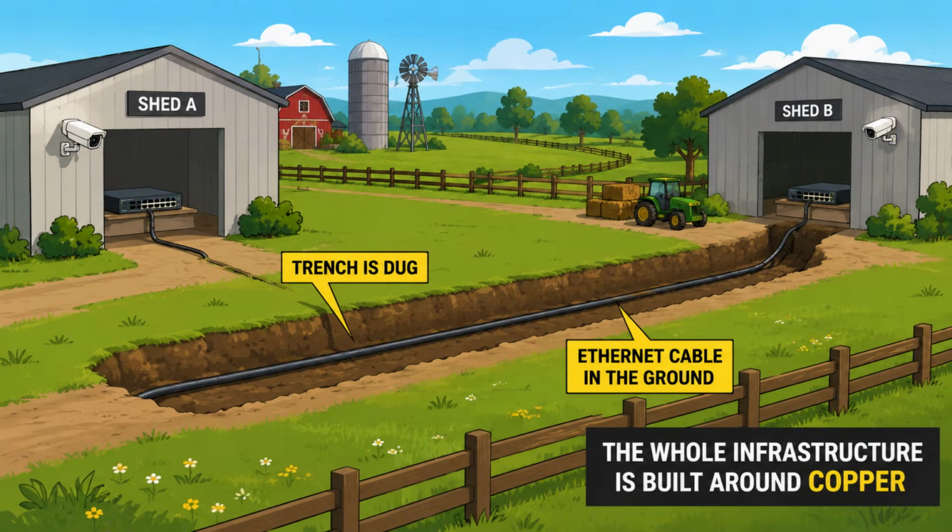But the thing is, our client already buried the Ethernet cable between his sheds. The trench is dug, the cable is in the ground, and the whole infrastructure is built around copper. So switching to fiber now would mean ripping everything out and starting over. It's a massive expense. So we're sticking with copper.